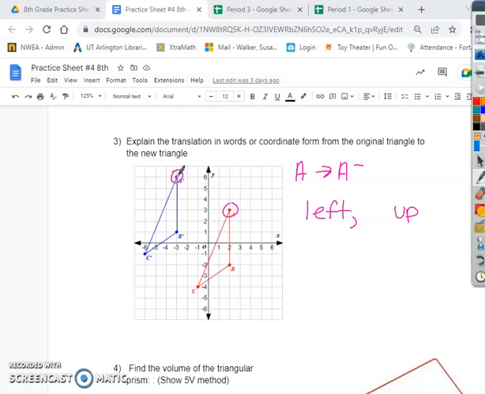Okay, which also would be x minus 5, comma, y plus 3. That's how you would write it in the coordinate form, but I want to make sure you're listening to this so you know what I'm saying. X minus 5, comma, y plus 3.